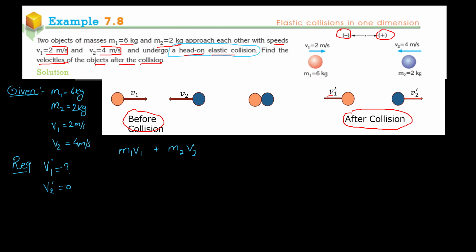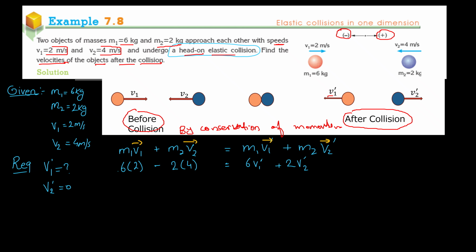So now by conservation of momentum I can write m1 v1 plus m2 v2 equals the momentum after collision, m1 v1 prime plus m2 v2 prime.